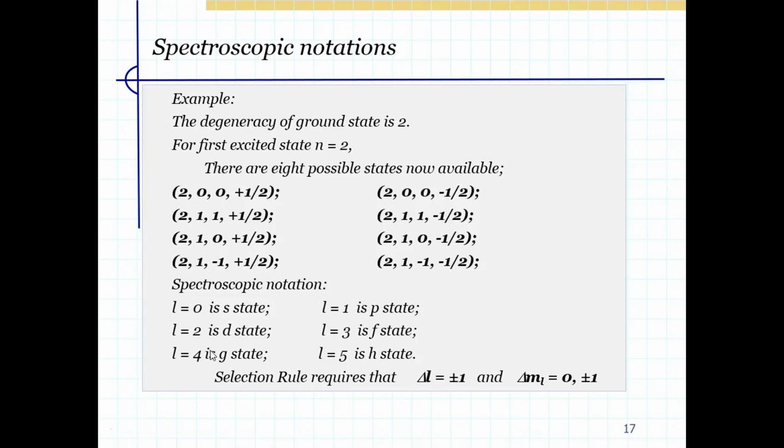So remember the spectroscopic notation for l equal to 0 is S, for l equal to 1 is P, and so on. And the selection rule requires that delta L must be plus minus 1, and delta ML must remain 0 or plus minus 1.